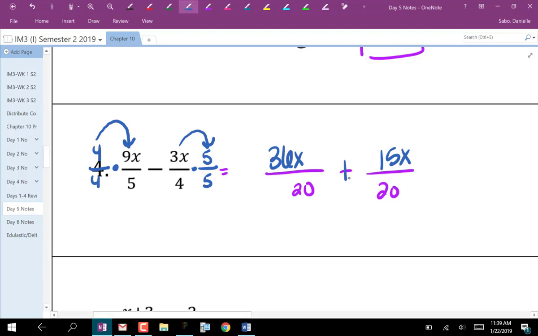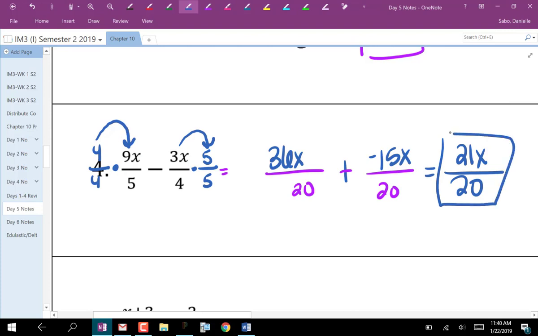If you like to put the plus with the minus there, that's fine. All over 20. Okay, what is 36 minus 15? What'd you say? 21, very good. So I have 21x all over 20, and we can't reduce that at all. There's just no way.